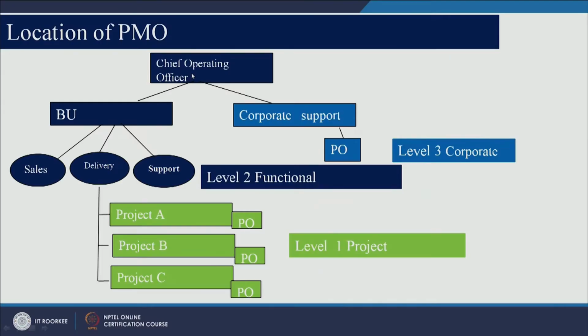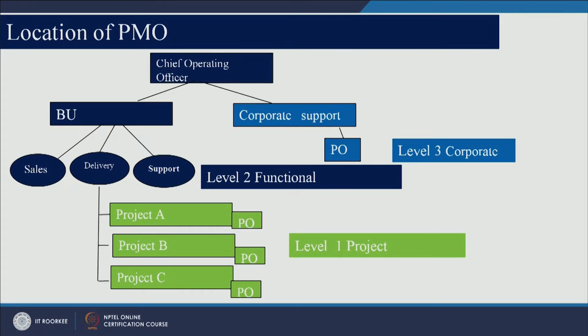So there is a chief operating officer and there is corporate support. You can have the project office at corporate level itself. In most organizations you have the project office at corporate level. Let us call this level 3, the highest level project management office.